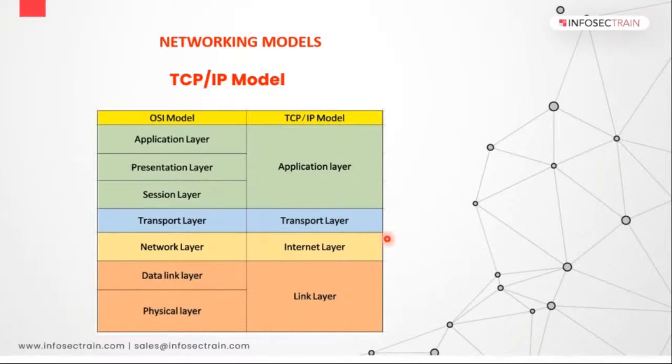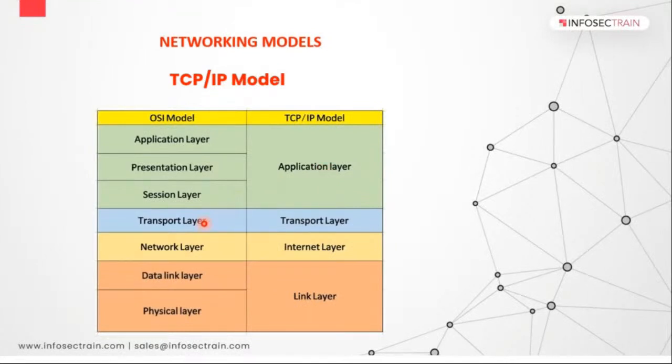So what is happening in the TCP/IP model, guys? Your application layer has merged two more layers in it. So inside your application layer, the application layer is working, your presentation layer is working, your session layer is also working, right? So that is your application layer.